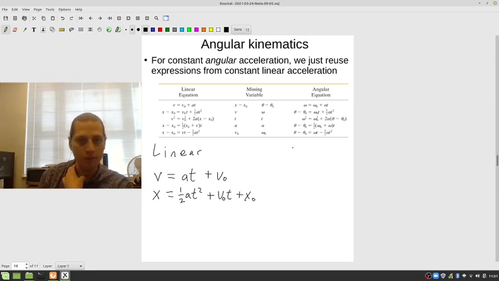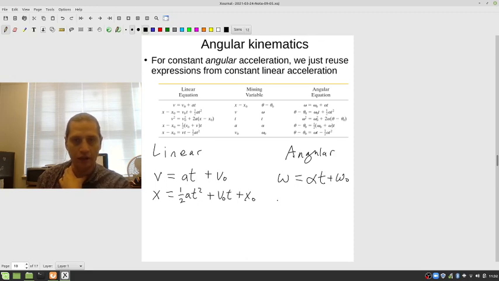Now what we're going to do is use that model, but instead of position, velocity, and acceleration, we're going to use angular position, angular velocity, and angular acceleration. So what is this equation going to become? It would be omega equals alpha t plus omega naught. So how fast you're spinning at the beginning can change if you have an accelerated angular motion to some different speed.